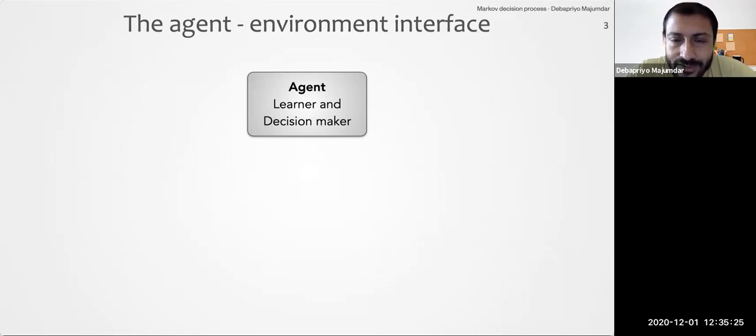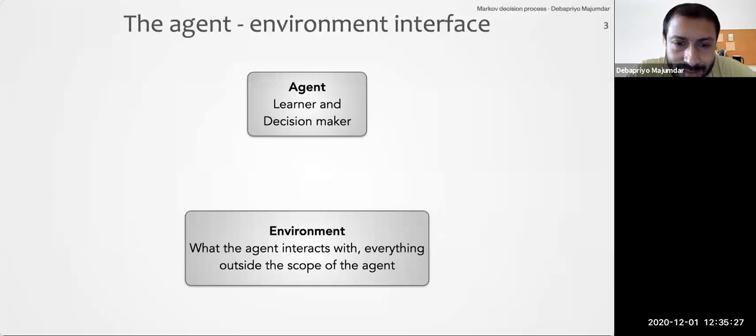The agent interacts with the environment. Now, what is the environment? The boundary between the agent and environment can sometimes be blurry, but essentially it is anything that the agent interacts with and everything outside the scope of the agent.